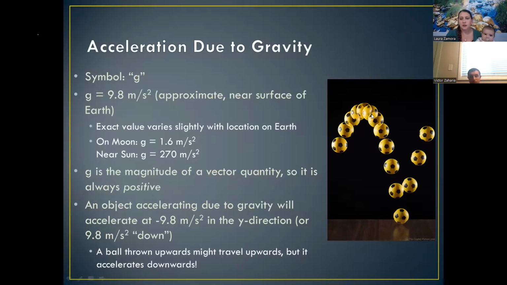So there's a question here. Does it make a difference if G is negative? That is a really excellent question. I'm very glad you asked that. Remember, negative implies a direction. So if we say negative 9.8 meters per second squared, that means it is pulling down, right? Because down is one of our negative directions.